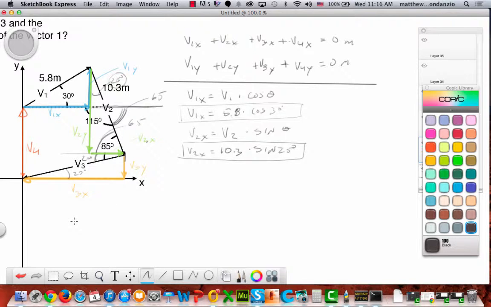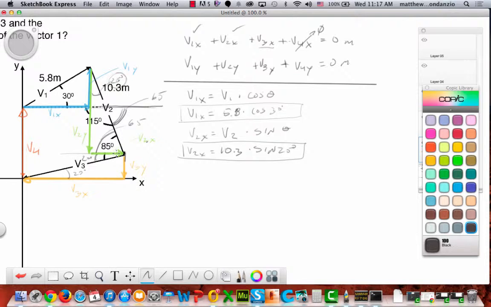10.3. All right? I'm going to get values. I'm going to get a value for v1x, I'm getting a value for v2x, I'm still looking for v3y, but what's v4x? What's v4x, guys? 0. So now what do I have? I can solve for v3x, and that makes graphical sense, right? v3x is just the opposite of v1x plus v2x.